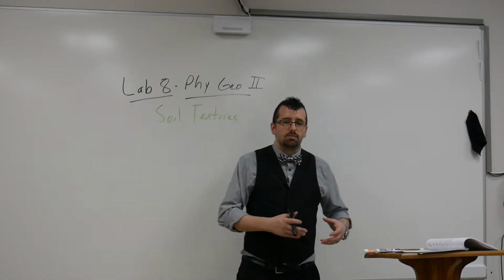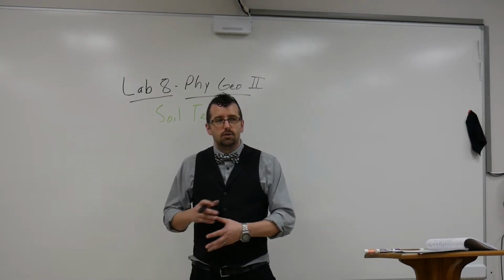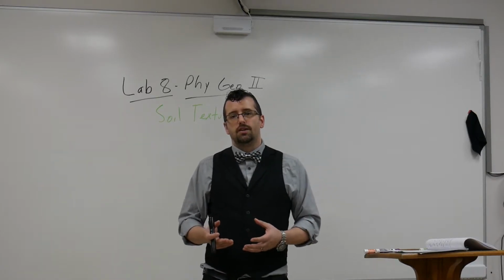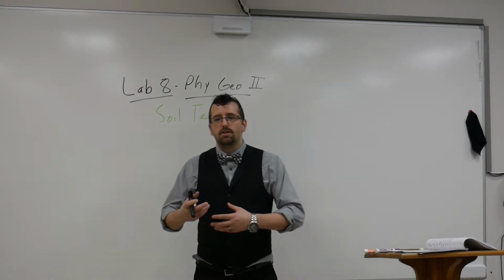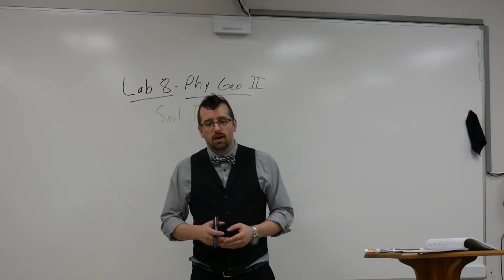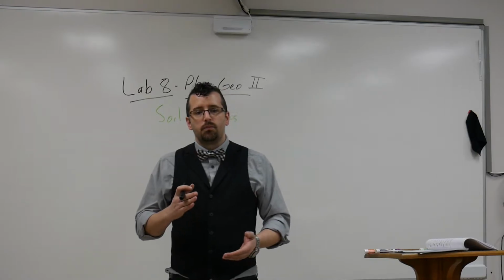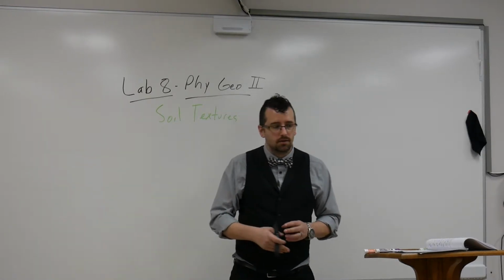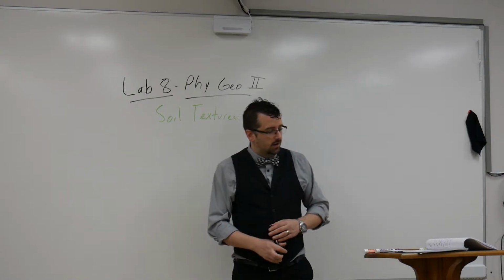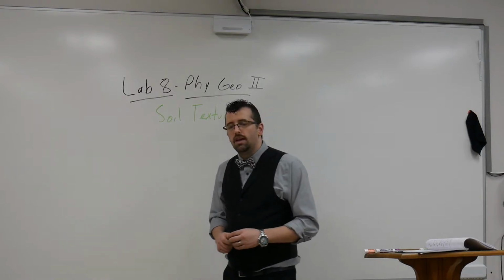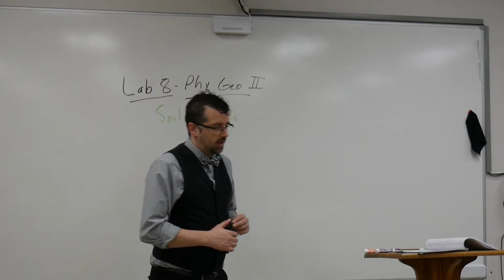But along this process of breaking down rocks into smaller pieces, we have soils. And soils are what happens when you break down rock to its baser components. This is done through the process of physical and chemical weathering. Okay, and if you're following along on page 67, we begin by talking about regolith.